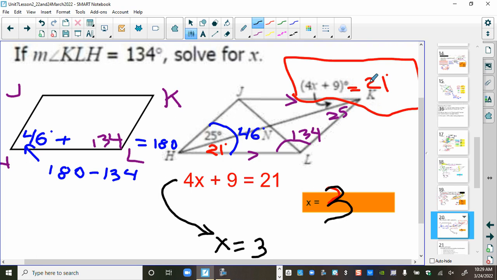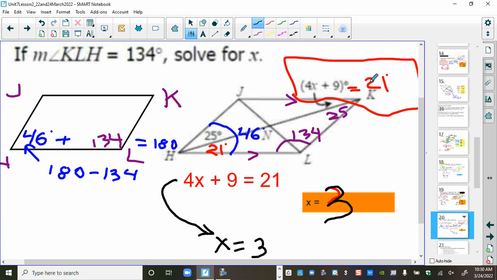Okay, does anybody have any questions before we talk about the next type of quadrilateral? But again, piece by piece, you got to look at everything piece by piece. And then again, all the rules are coming back, right?